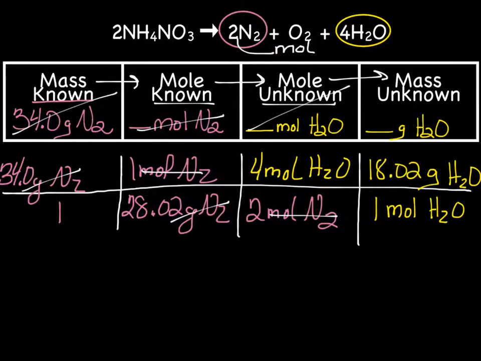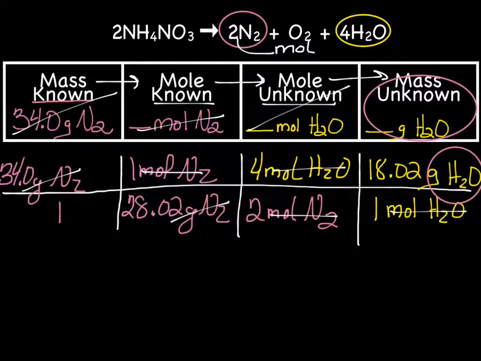So let's do one more check, make sure we've got everything set up right. We've got mole H2O crossing out mole H2O. We are currently at grams H2O, which is where we expected to be. So yay, we're just about done.